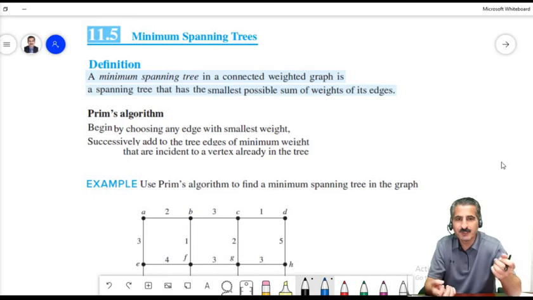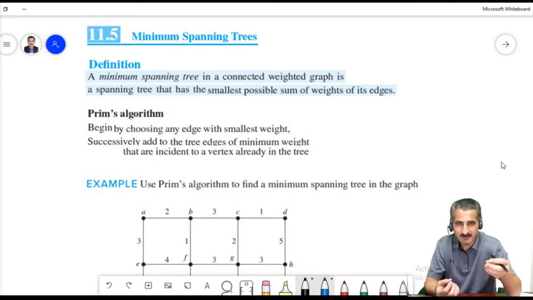Now, if the graph is weighted, which means the edges have values, then the different spanning trees, consisting of different edges, will have different summations of weights, because each edge has a certain weight, so we can take the sum of the weights of the edges of each one of the spanning trees.